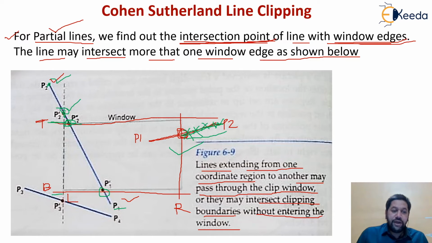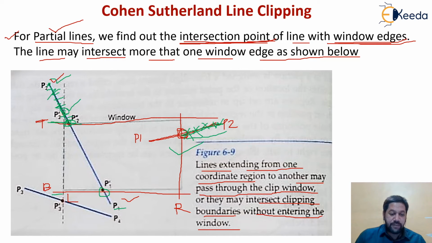Obviously, at the initial intersection point I am going to remove this part of the line. For the next intersection, I am going to remove this particular part of the line. Whatever I have shown in green color indicates that this part is removed, because this particular part is outside my window. If it is outside, it is rejected.